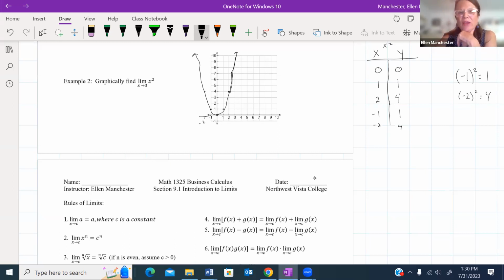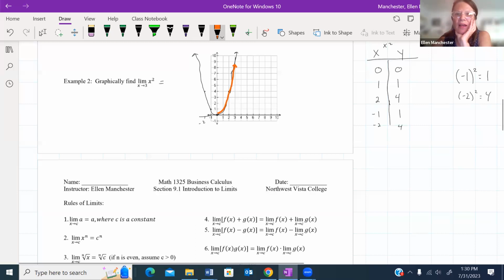So what this is saying though is, since we're talking about a limit, so again, read this: the limit as x approaches 3 of the function x squared. So what is the limit? As you're looking at this, remember we're using our fingers, right? Think of my left finger coming up on the left side, heading towards 3.